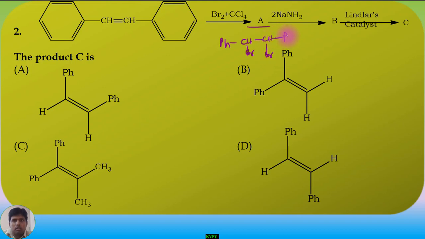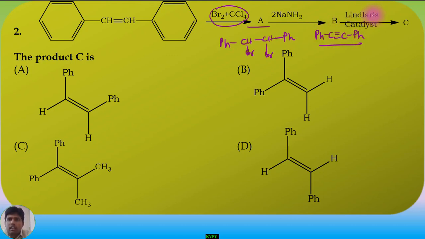This will be A. Now once we get A, this is bromination. Bromination, that means anti-addition. So here we have 2 moles of NaNH2. That means this dibromo compound will become alkyne here. So PhC triple bond CPh will be the molecule B, because there is base here, NaNH2, and it will perform elimination.